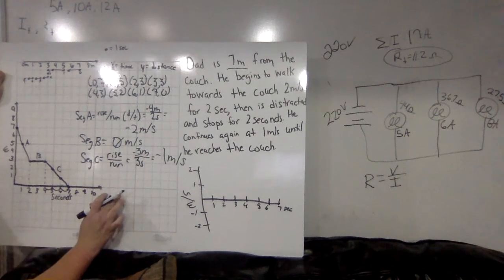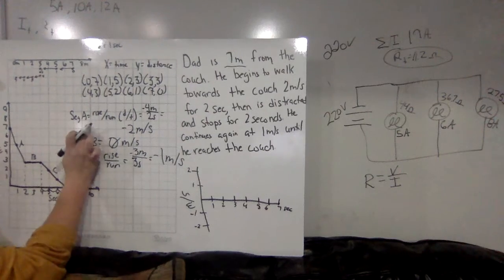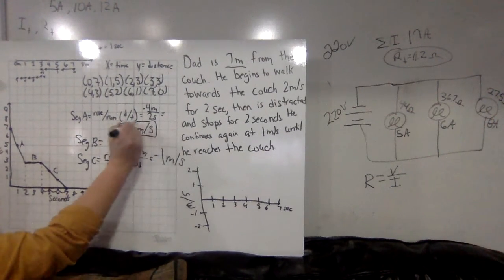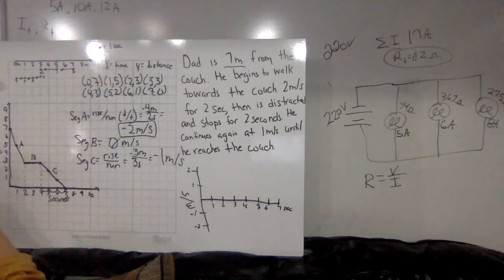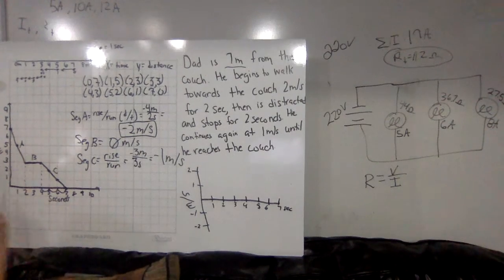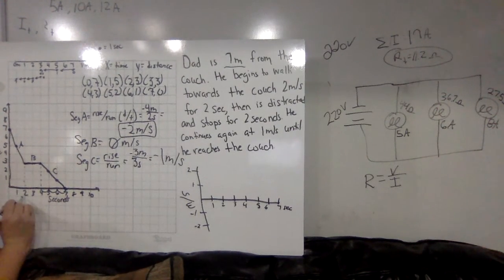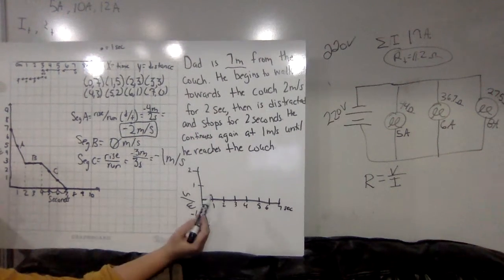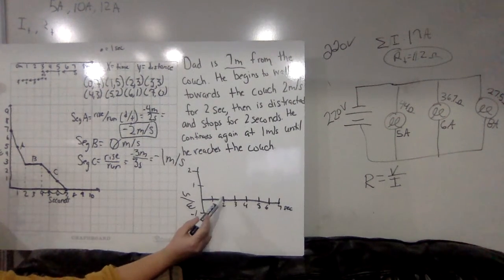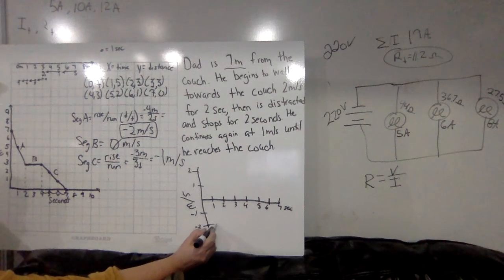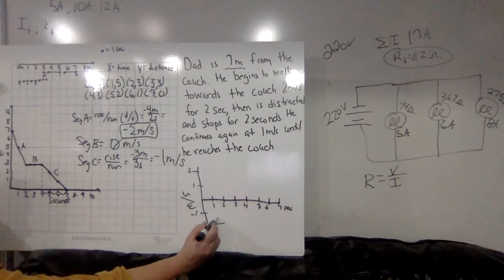Now we have to look at the velocities we solved for. For segment A, we decided that it had a negative 2 meters per second velocity. Segment A happens between 0 seconds and 2 seconds, right? So right here, between 0 seconds and 2 seconds, I need to come down to the negative 2 and put this right here.